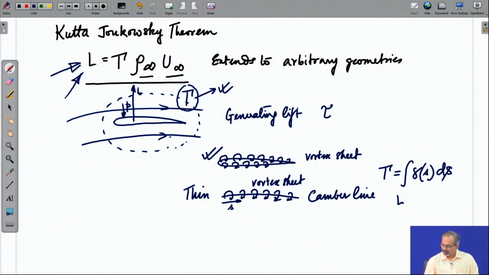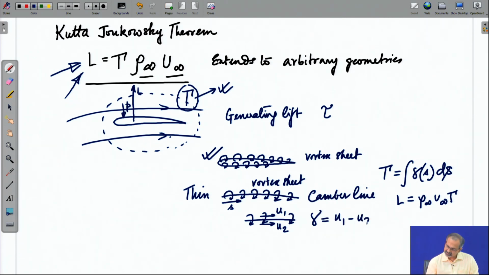And once you get the gamma, from the Kutta-Joukowski theorem, of course, you get the value of lift per unit span. If you look at any particular region of the vortex sheet and notice the tangential component of velocity above and below it, you would see a jump in the tangential components, and the local strength of the vortex sheet will be given by the difference of the tangential components of velocities.